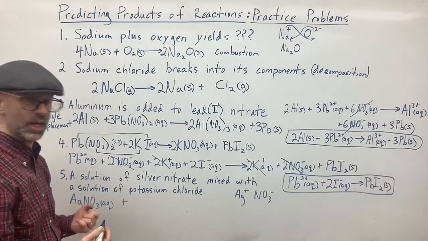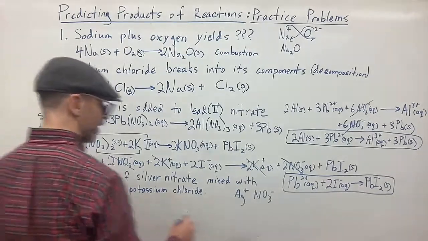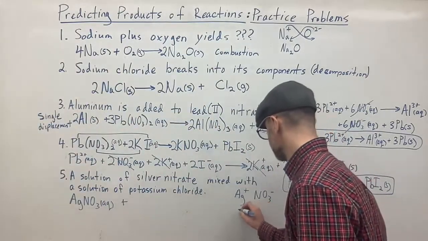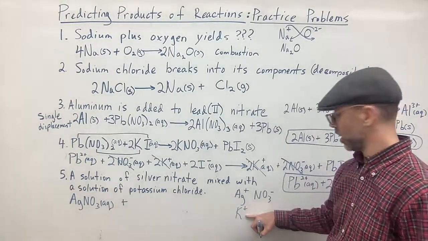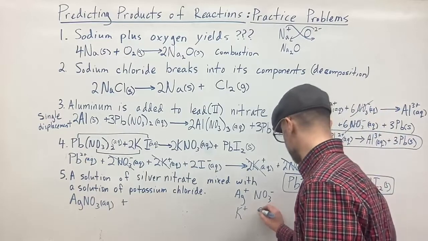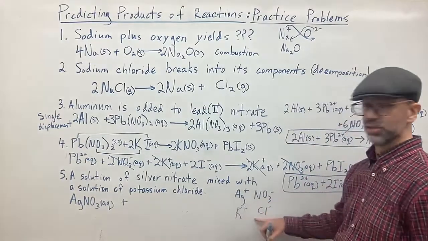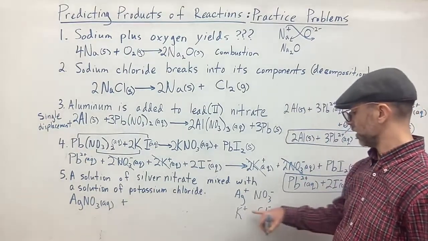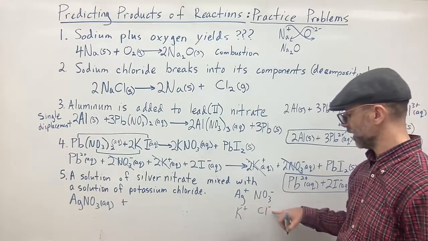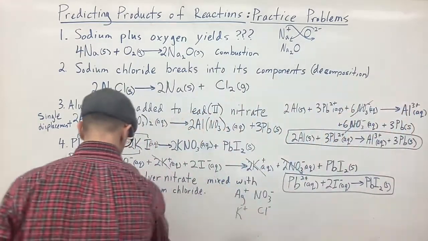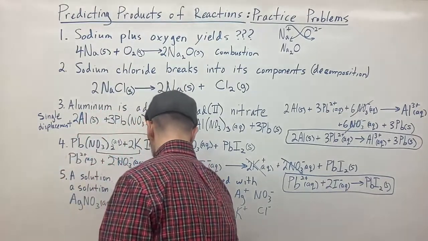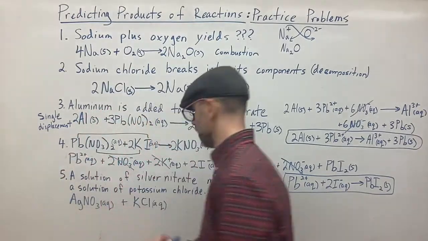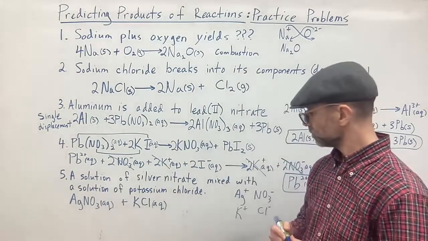The potassium chloride has potassium, which is a +1 charge, and the chloride ion, which is a -1 charge. So +1, -1, they cancel each other out, so I only need one each. It'd be KCl, and that's going to be aqueous there.